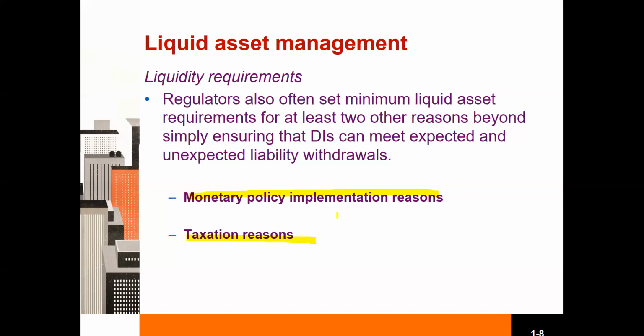With regard to taxation reasons, the minimum requirement on depository institution liquid asset holding is to force depository institutions to invest in government financial claims rather than private sector financial claims. That is, minimum liquid asset reserve requirements are an indirect way in which governments can raise additional taxes from depository institutions.